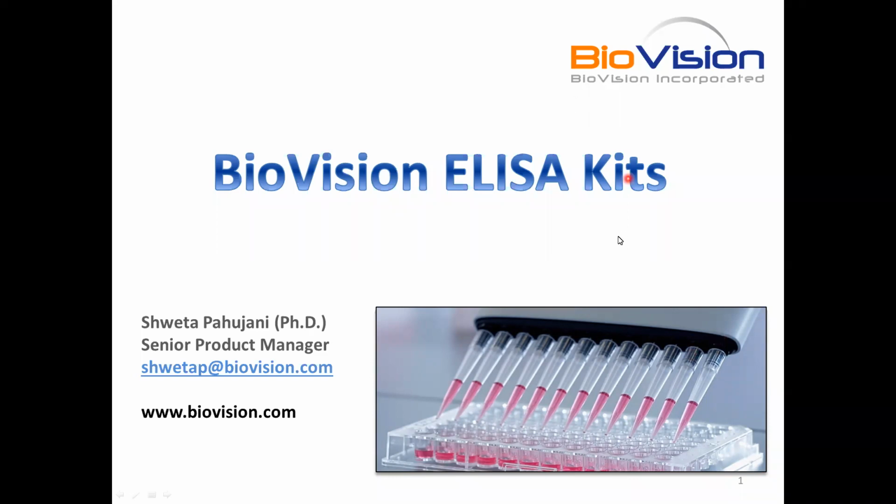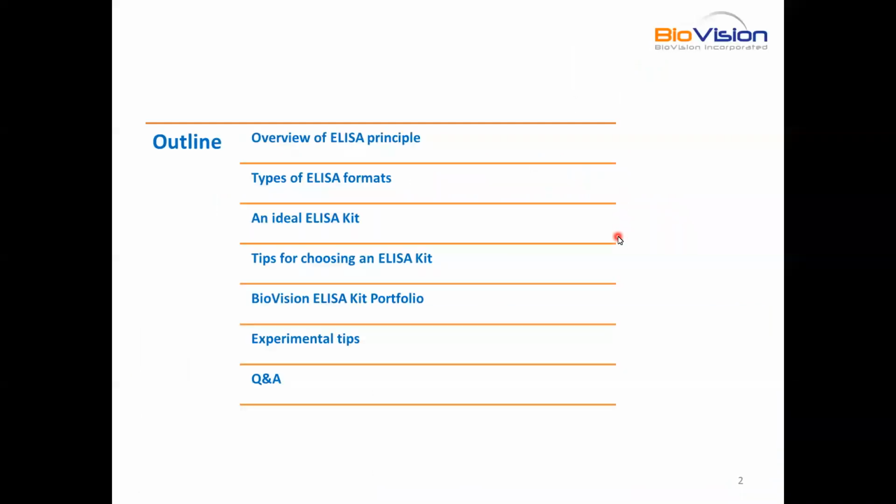So let's get started. In my presentation, I will be covering the following topics. I will talk about a general introduction or overview of the ELISA principle. I will talk about different types of ELISA formats available in the market. Then I will talk about the characteristics of an ideal ELISA kit.